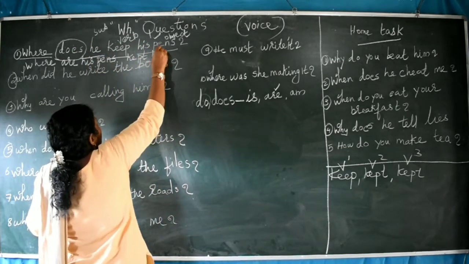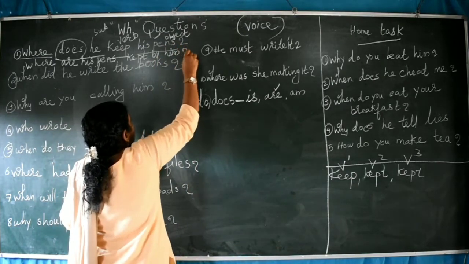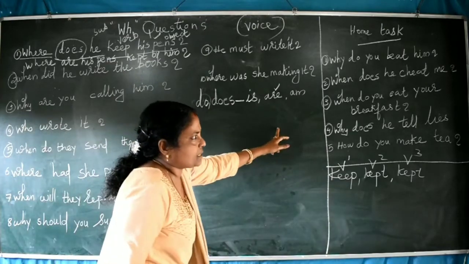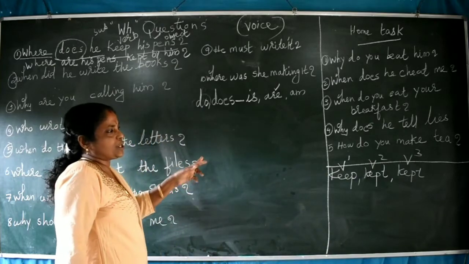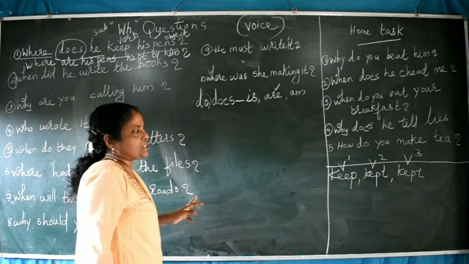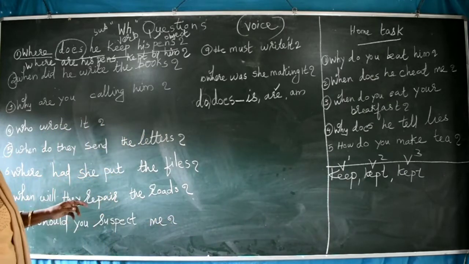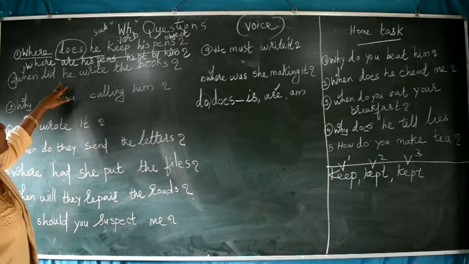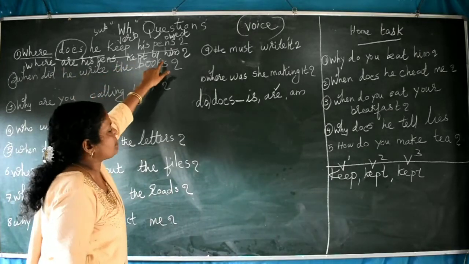In previous videos I taught you that he will change into him, she will change into her, I will change into me, we will change into us, they will change into them. I am not going to repeat it again and again. So study those previous videos clearly, okay? Where are his pens kept by him?